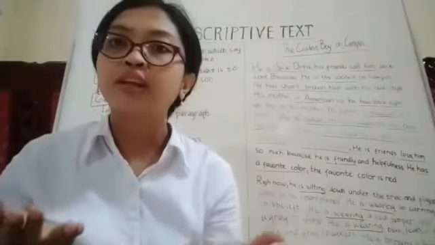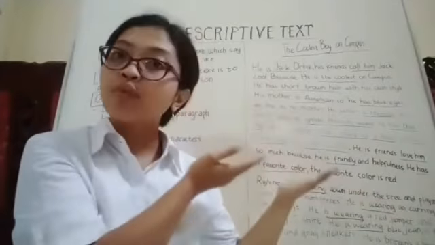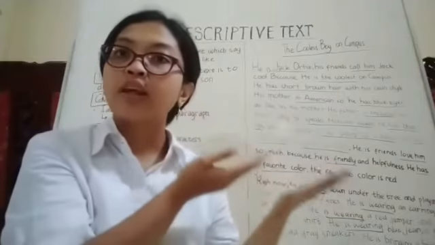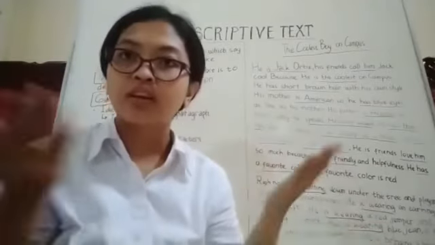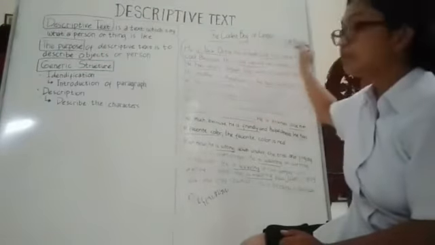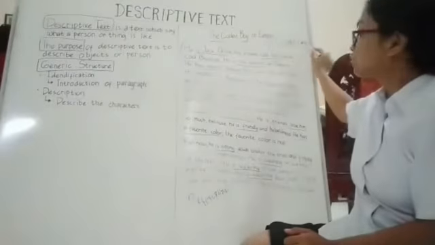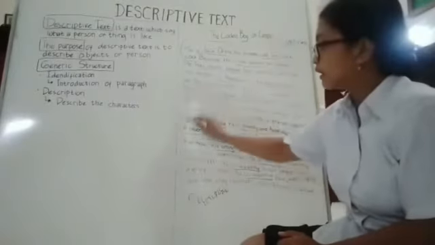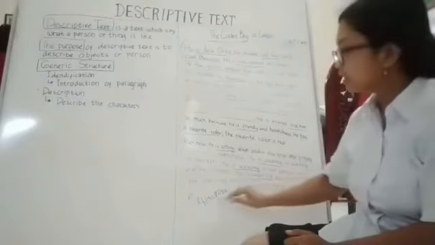Now, I will give you an example of descriptive text and we will discuss which part is identification and which is description. The title of the text is The Coolest Boy on Campus. The first and second sentences are identification and the third until the last is description.